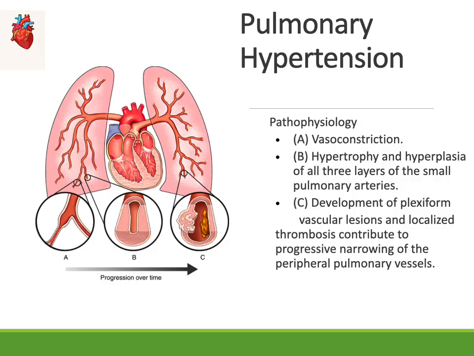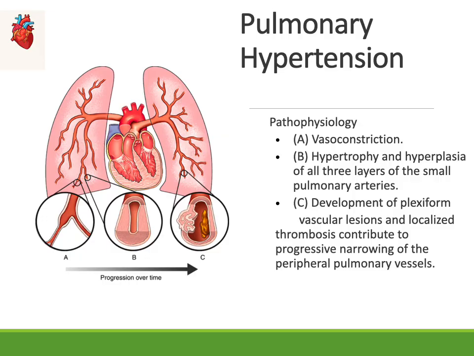Stage 3, they have marked limitations in physical activity, and it's really hard to follow activities of daily living without getting symptomatic, like dyspnea, hypoxia, fatigue, chest pain. And then in stage 4, they really can't do much in terms of daily functions or physical activities without having pretty severe symptoms.